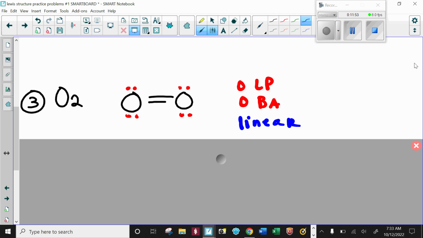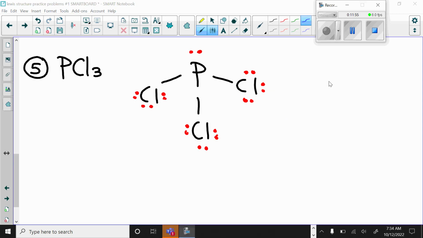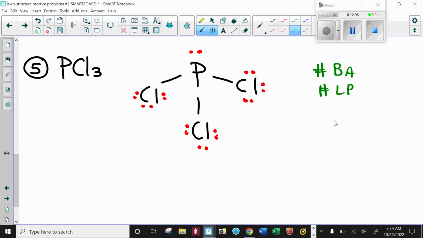All right, now let's take a look at number 5. Again, we need to know the number of bonding atoms, those are the ones attached to the middle one, and the number of lone pairs on the middle one. So the middle one is the P, and I can right off the bat see there's 2 dots there. 2 dots means I have 1 lone pair on the central atom, which means the Cl's, this Cl, this Cl, and this Cl, they're all bonding atoms, which is 3.